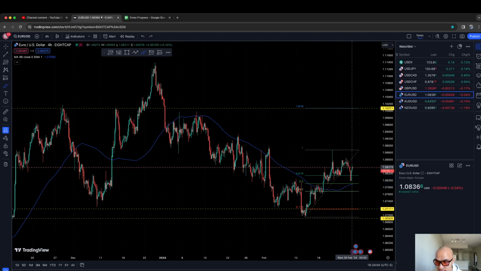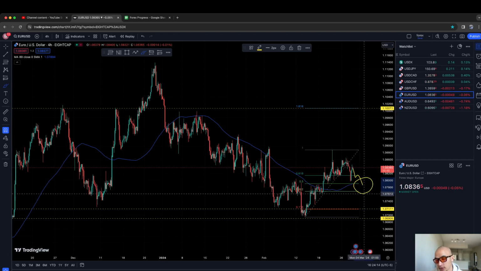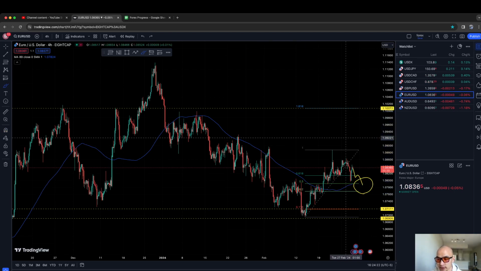Ideally I wanted it to retrace a little bit more and hit Fibonacci retracement 0.5, and in this very beautiful zone I want to buy euro. Then it should go up and hit Fibonacci extension 1.618.